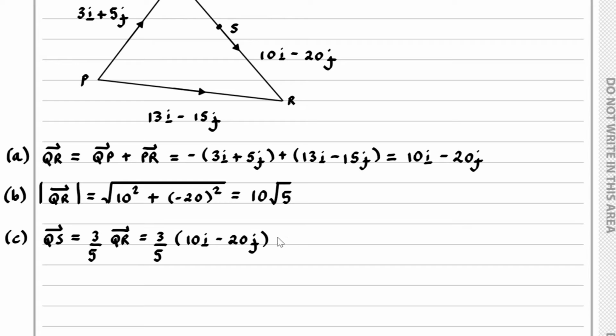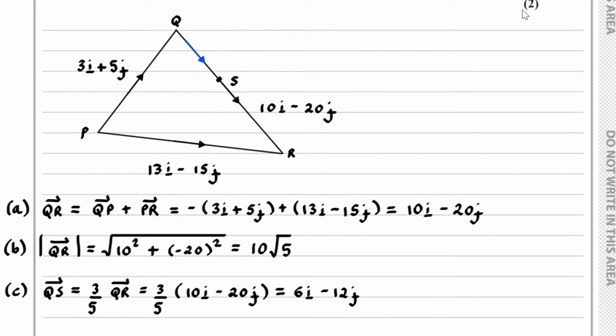And if I work out what this is, we end up with 6i subtract 12j. And so here for QS, we have 6i subtract 12j. And what we need to do is find out what the vector PS is.